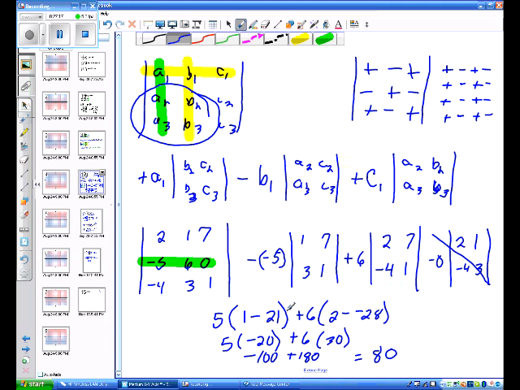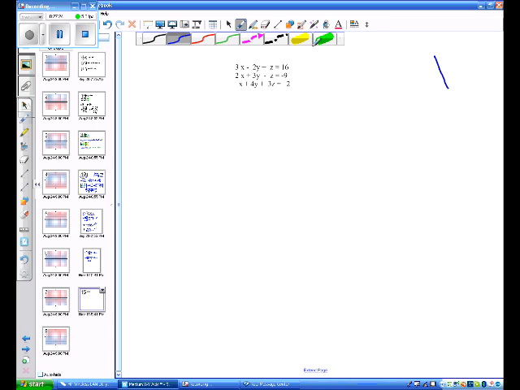So let's look at solving a system using Cramer's rule. And as we do, I'm going to do these expansion by minors and come up with my determinants. Okay, here's my system. So I'm going to find my determinant for x, and I'm going to divide it by my coefficient determinant.